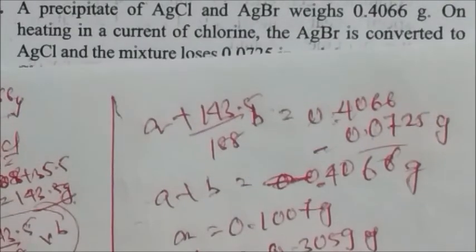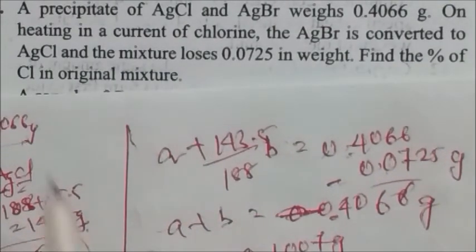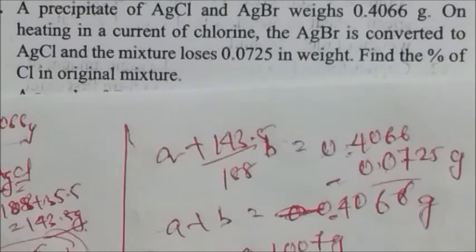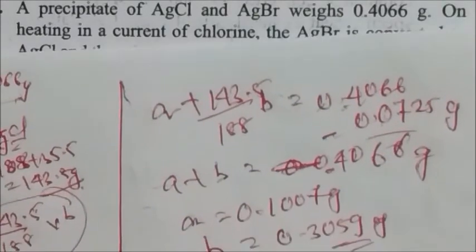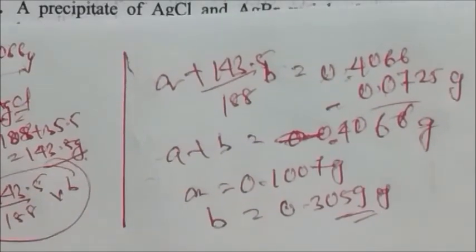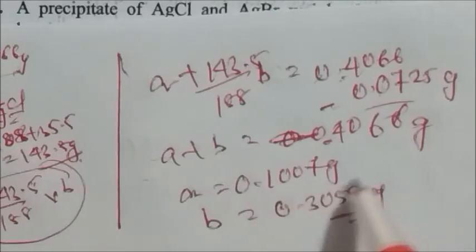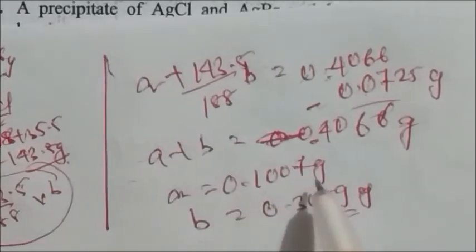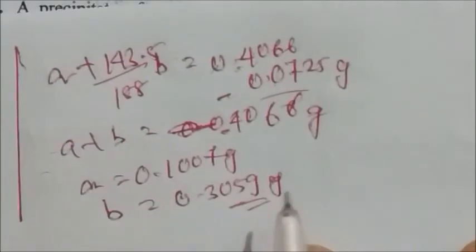Okay, now the question is what is the percentage of Cl in the original mixture. We have the weight of A gram AgCl already given. So in this, what is the percentage of Cl?